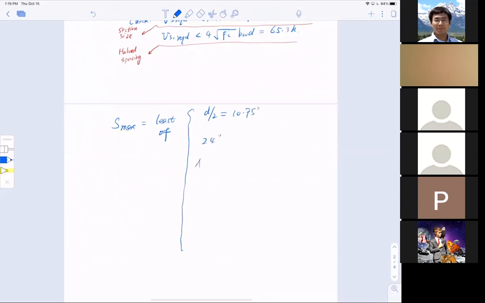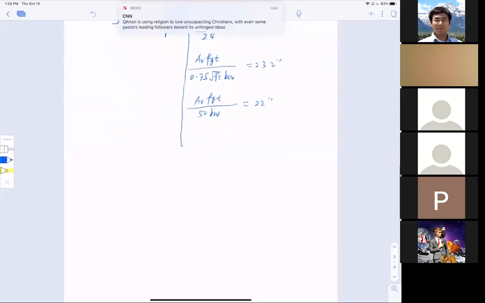We know Av fyt divided by 0.75 square root f prime c bw, and this is 23.2 from previous calculations. And also Av fyt divided by 50 bw, and you got this number from the previous one, and that is 22 inches.